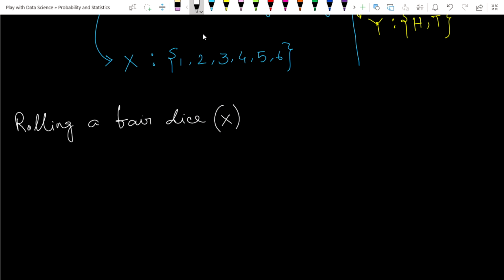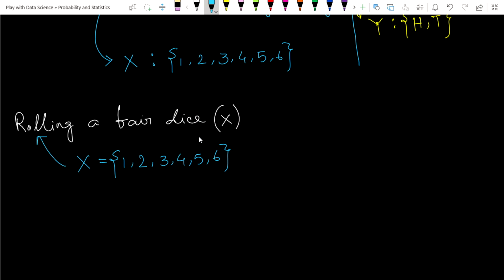As per the definition, this random variable takes a value between 1 and 6. A random variable is an experiment that takes the output value of that experiment. So x is a random variable for rolling a dice, and it takes these values.